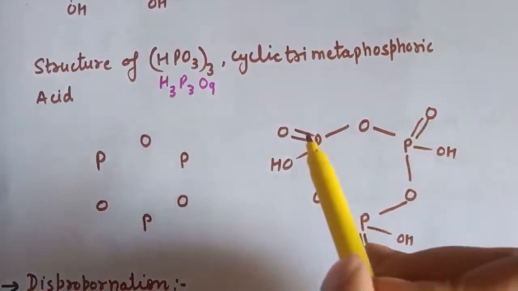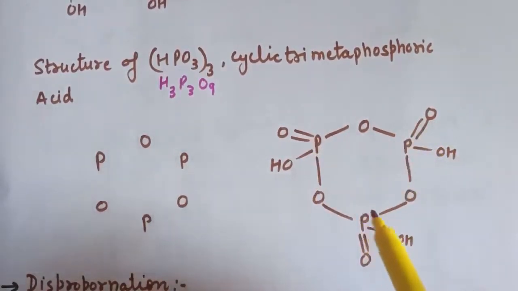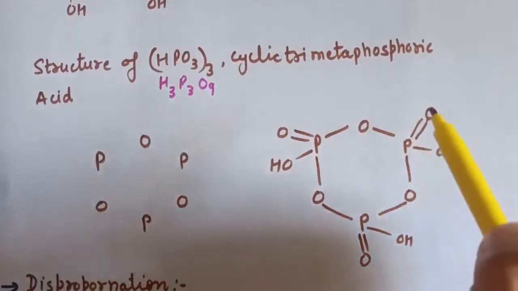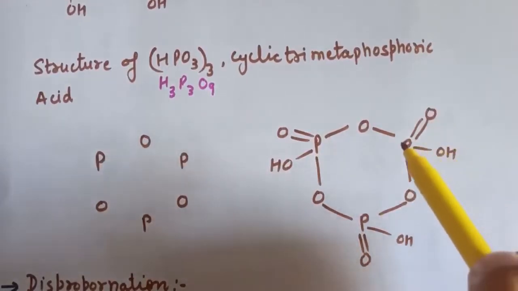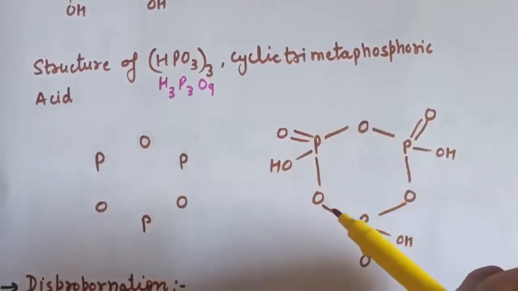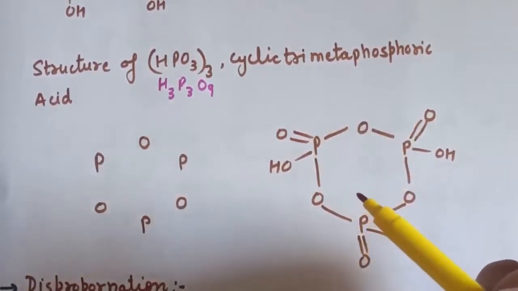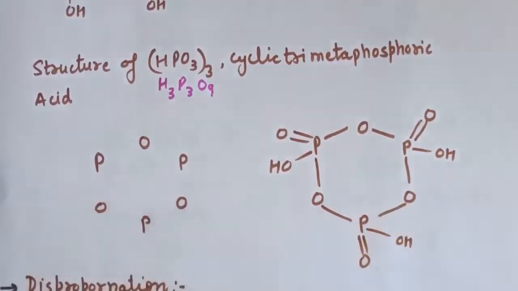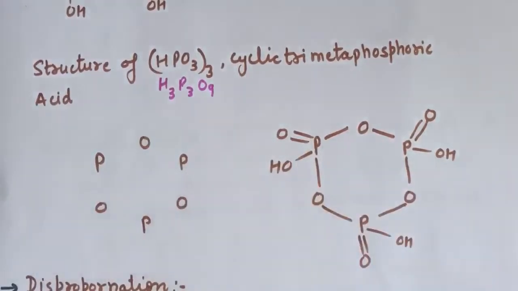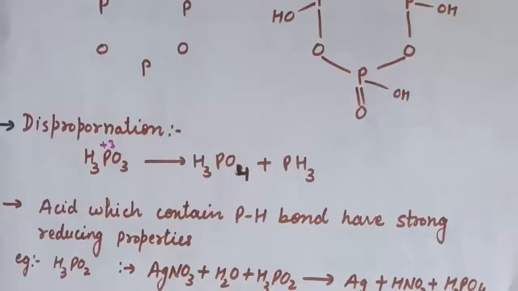Now we have three phosphorus, and all these phosphorus atoms are attached to oxygen via a double bond, and one OH group is attached to each phosphorus. In this way we can draw the structure of cyclic trimetaphosphoric acid, and the oxidation number of phosphorus in HPO3 is +5. So this is all about the structure of oxoacids of phosphorus.